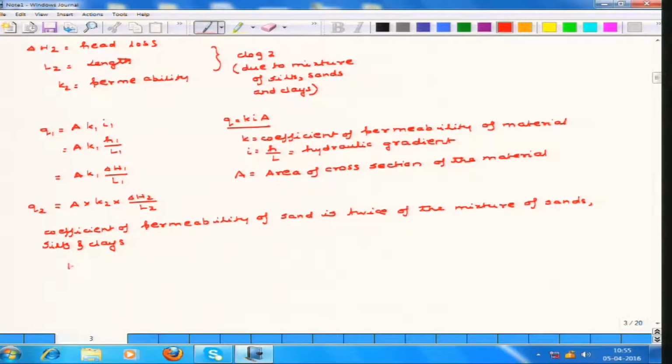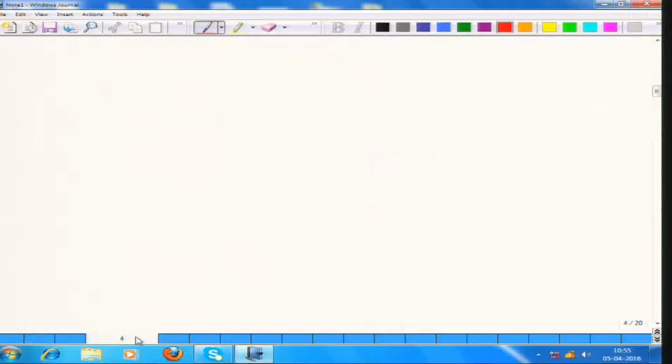So, in other words, K1 is equivalent to 2 times K2. From here we get that Q1 is actually equivalent to A into 2 K2 into delta H1 by L1. So, this is equivalent to 2 A K2 into delta H1 by L1, while Q2 is equivalent to A into K2 into delta H2 by L2.